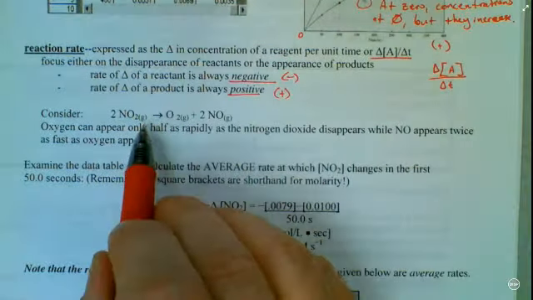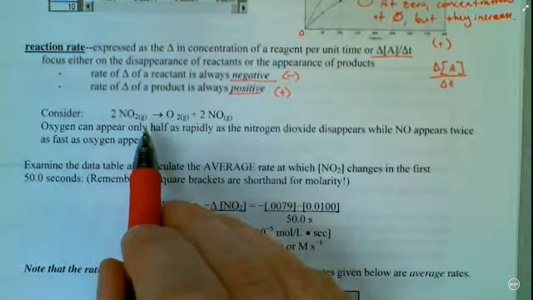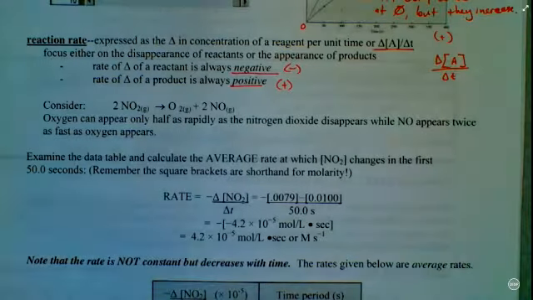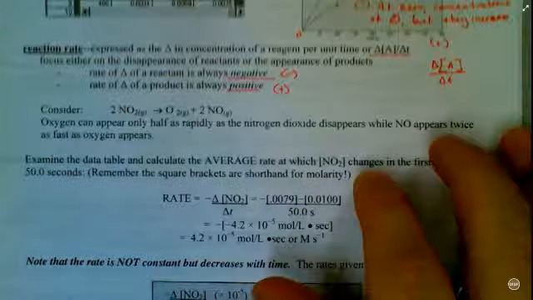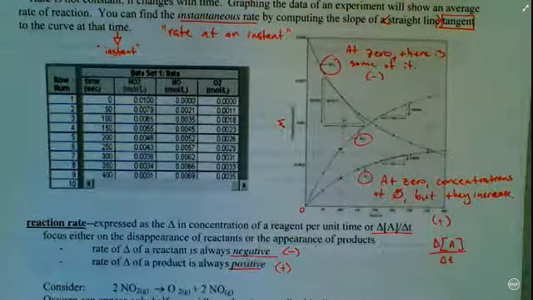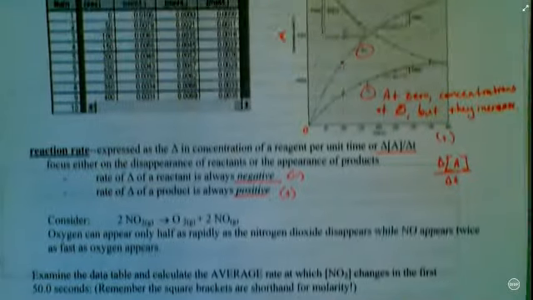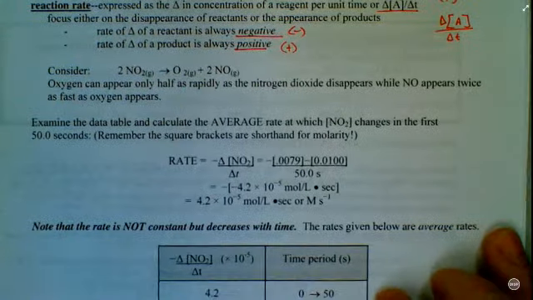So if we consider the exact same equation we just looked at in that graph, we see that oxygen can appear only half as rapidly as nitrogen dioxide disappears, while nitrogen monoxide appears twice as fast as the oxygen appears. And we can see that relationship in the data table. If you want to go back and double check for yourself, you will see that in the data table.